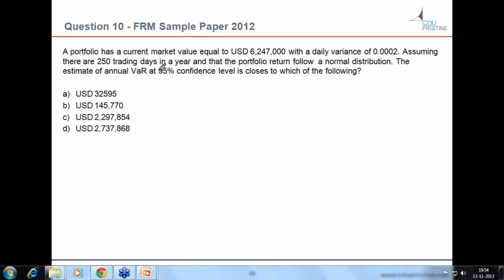What you are supposed to do is remember the formula for annual VAR in this case, or just the VAR. VAR is equal to 1.65 at 95% into sigma into the portfolio value. Now we have all the values.